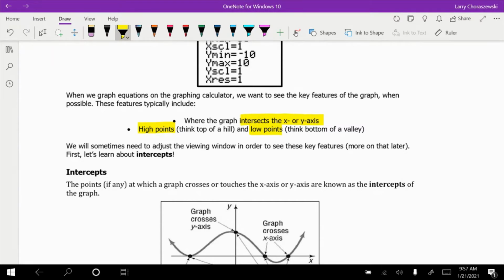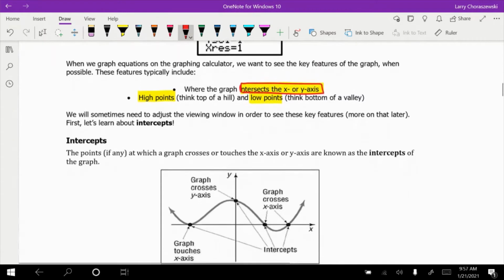We won't have that on our graph because it's a line. Even if we did have a graph with high and low points, we won't be learning how to find those until chapter 3. So in this section, we'll really just be focusing on where the graph intersects the x or the y-axis.